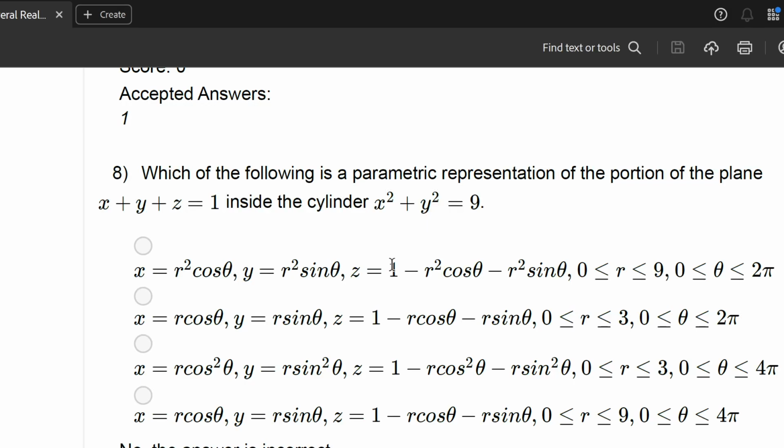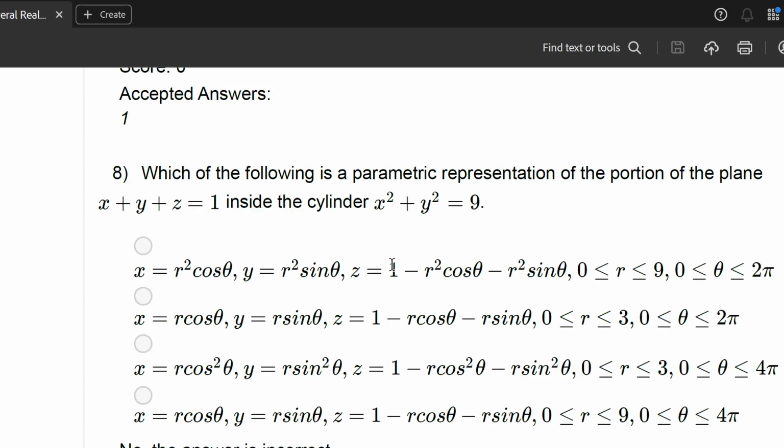Because the plane is inside the cylinder. Whatever parameter you take for the cylinder, that will come for the plane also. You should not think in the reverse direction.